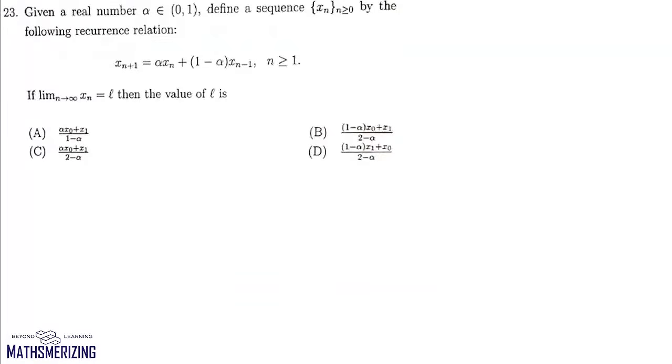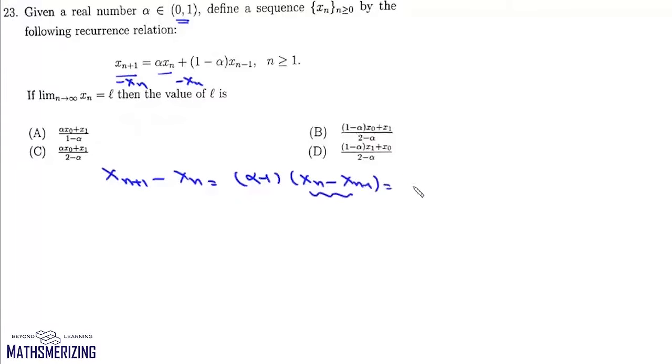Now question 23, we are given a real number alpha which lies between 0 and 1, and we have defined a sequence such that x(n+1) equals alpha xn plus (1 minus alpha) x(n-1). Now what we'll do is we'll subtract xn. We can write x(n+1) minus xn will be (alpha minus 1) into (xn minus x(n-1)).